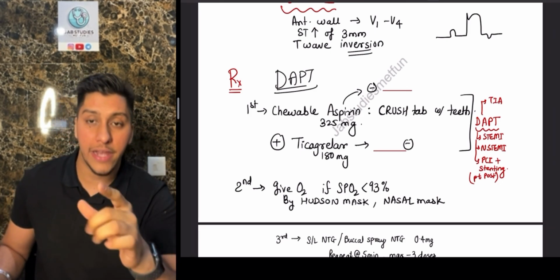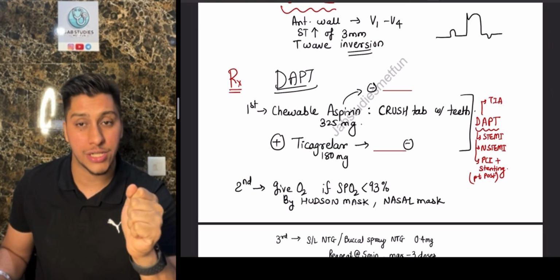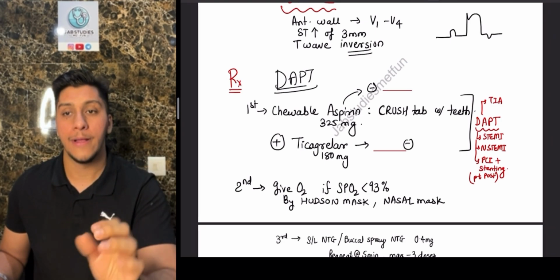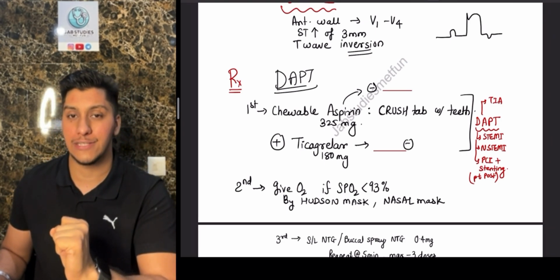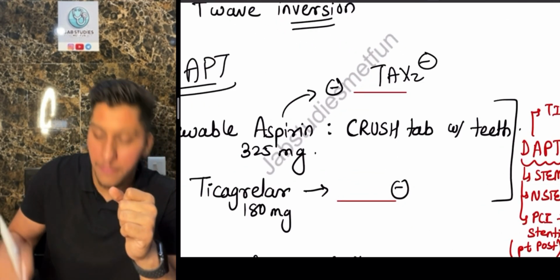But for your exam, remember you will give a chewable aspirin which they have to crush, 325 milligram, which is equal to 4 tablets that you normally get in government hospitals. Another thing you have to remember with respect to pharmacology: what is the mode of action of aspirin? The mode of action of aspirin is thromboxane A2 inhibitor.